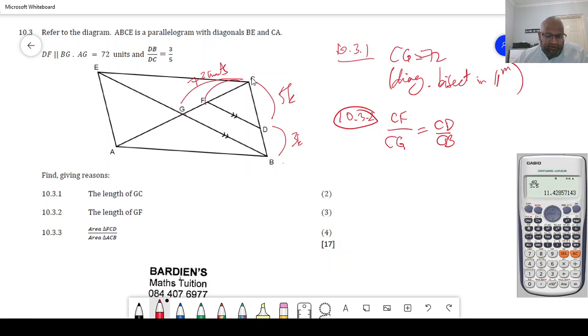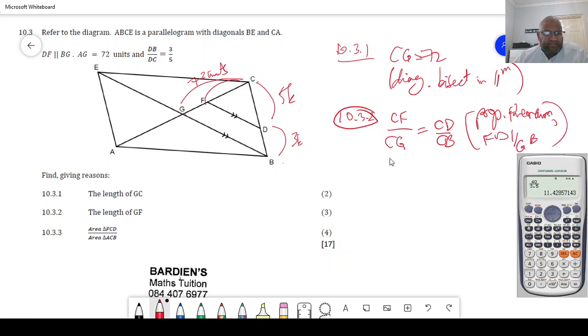Again, CF over CG is equal to CD over the whole length here, and we can get the whole length here, which is now 8K. My reason here is the proportionality theorem, with FD being parallel to GB.